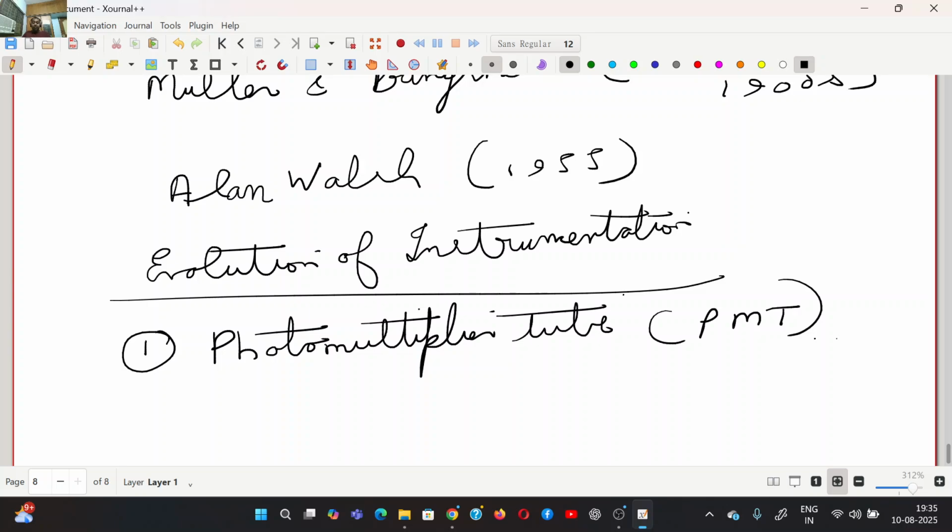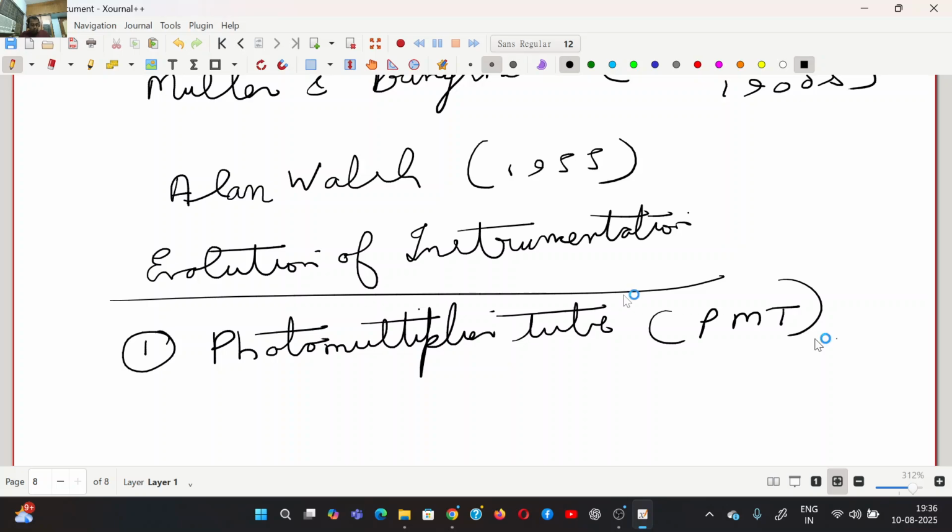This is a highly sensitive detector used in AS to measure light intensity. It works like a light amplifier. I already told you that when a photon hits the detector, it releases an electron, and this electron creates an electrical signal.